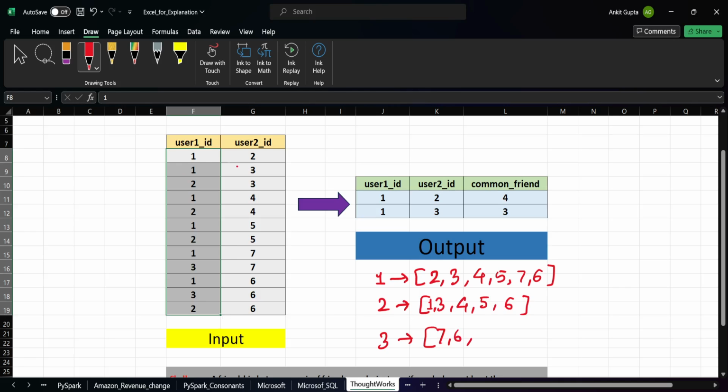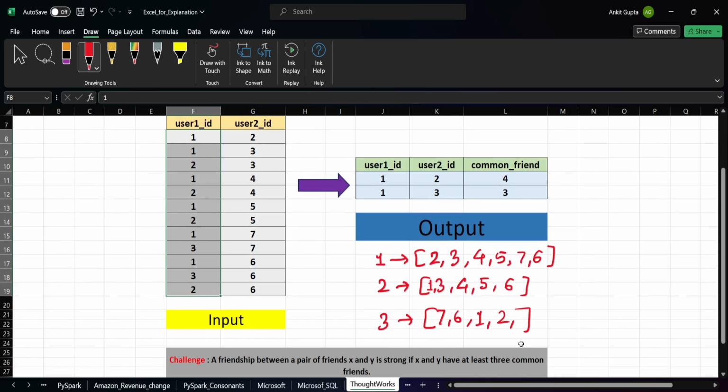This is how it works: when user 1 says these guys are my friends, and user 2 says these guys are my friends. So let me write for user 3. For user 3 it is 1, for user 3 it is 2, and there is no other such user. As of now let's have these only, for better understanding.